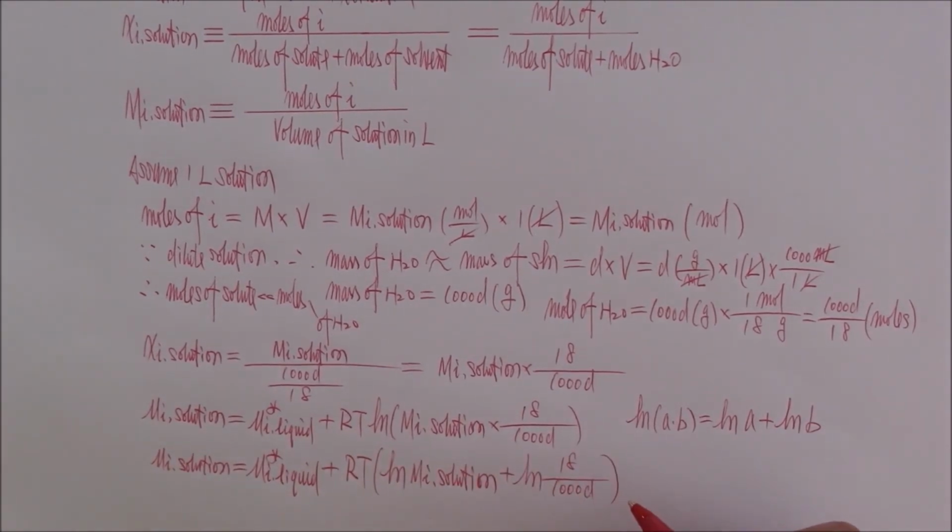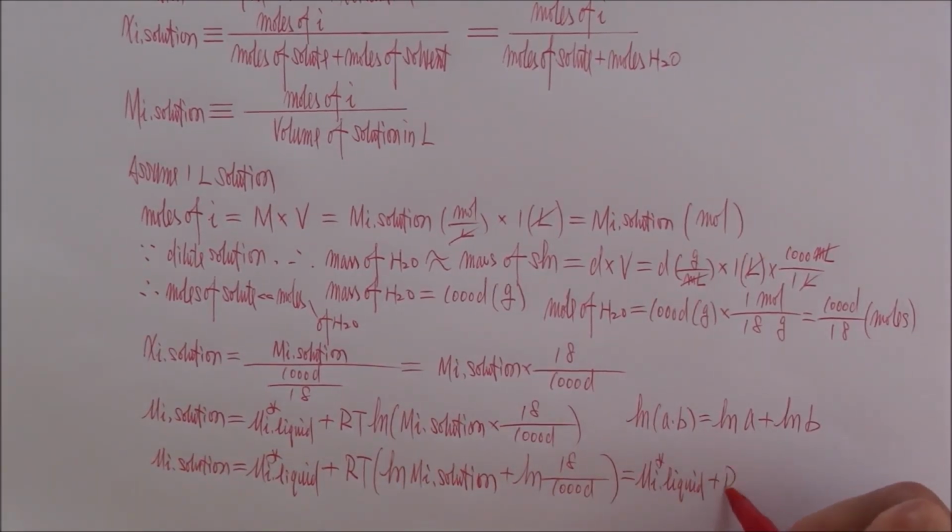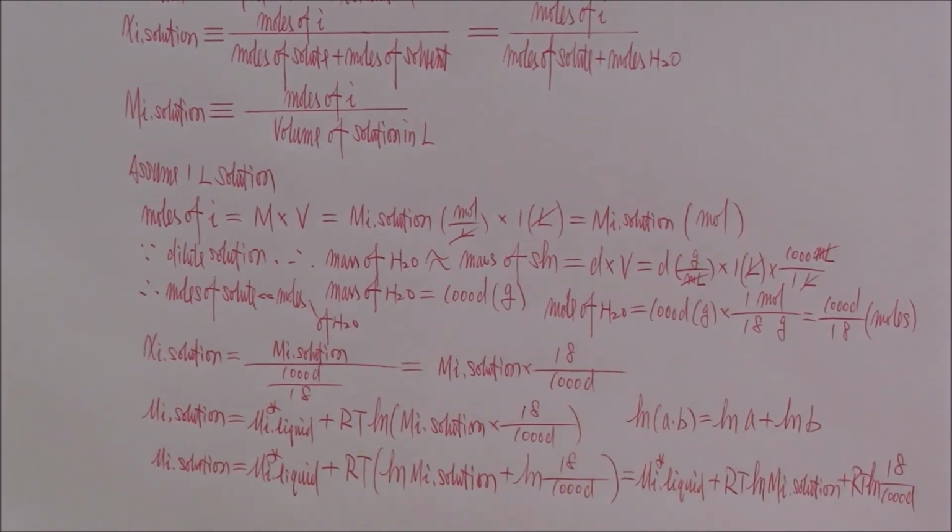Then we can use the distributive law to separate this into two terms. We can switch the order of these two terms. We will get what we are looking for.